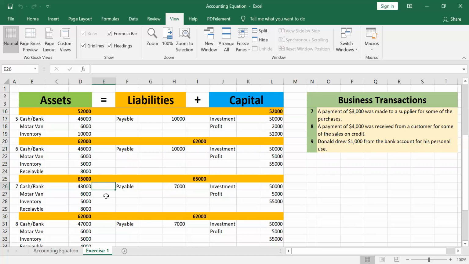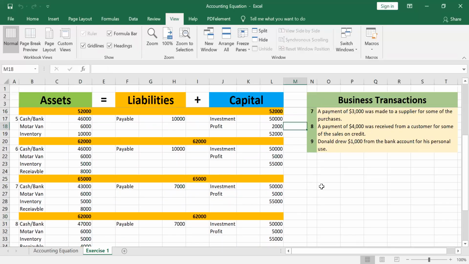Now 3,000 has been paid out of it, so the remaining cash is 43,000. Meanwhile, we also reduce our liability to 7,000 because we had 10,000 and 3,000 has been paid. The remaining is 7,000. So the capital and liabilities are 62,000, assets are 62,000. The equation is balanced.